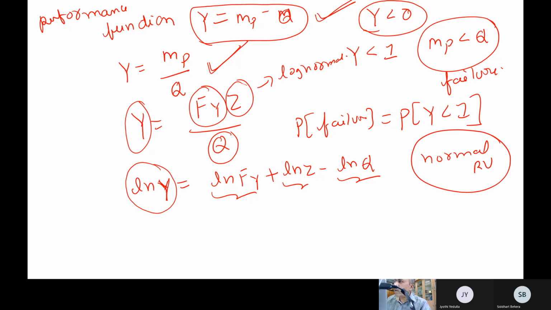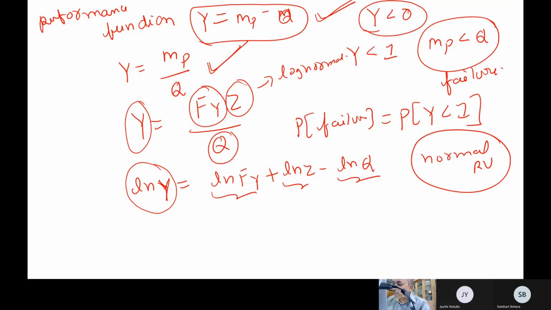So what type of random variable will be log y? This also will be a normal random variable.